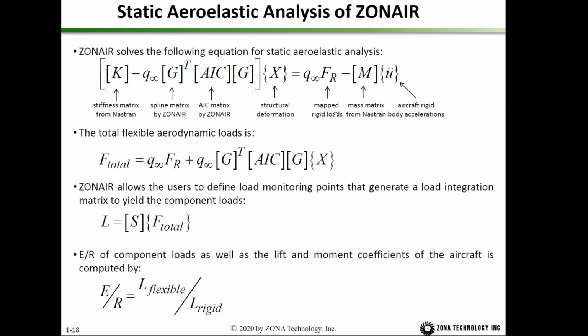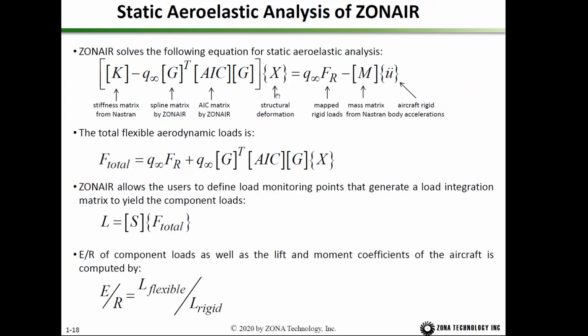On the right hand side, FR is the rigid loads, and one can either use ZONAIR to calculate these rigid loads, or you can replace the ZONAIR computed rigid loads by the CFD computed or wind tunnel measured loads. And this is the mass matrix generated by NASTRAN, and this is the aircraft rigid body acceleration. So you can invert this matrix to obtain the structural deformation.